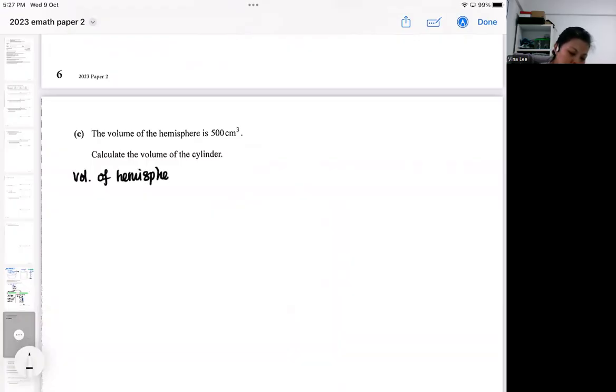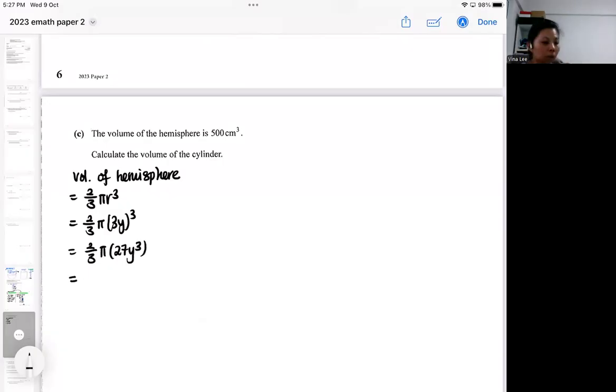So volume of hemisphere, if I focus on it, it will be 2/3 pi r cubed, and the correct radius will be 3y. So what I'm going to do is I'm going to simplify properly first. So if I press 2/3 times 27, I got 18. So I got 18 pi y cubed.